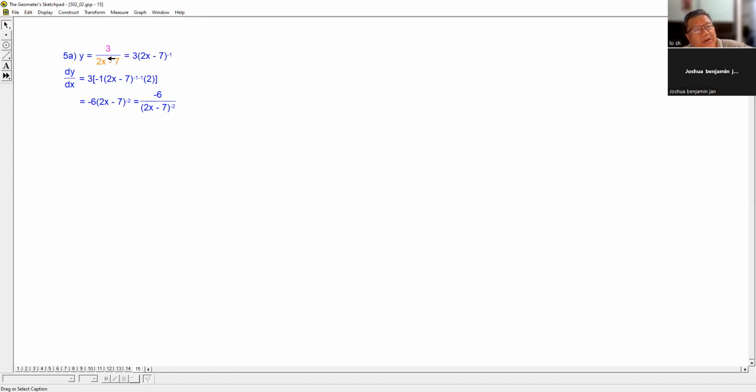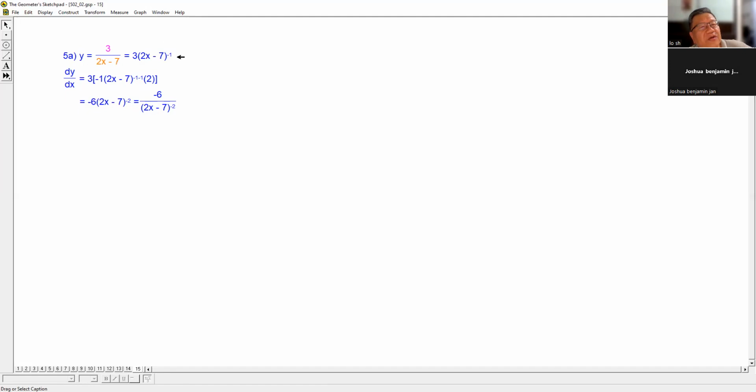Instead of having 1 over 2x minus 7, I put 2x minus 7 to the power of -1. By doing this, it becomes a composite function to me.